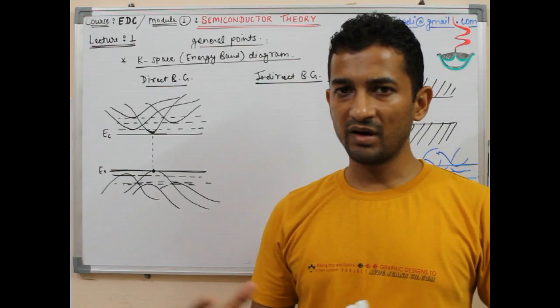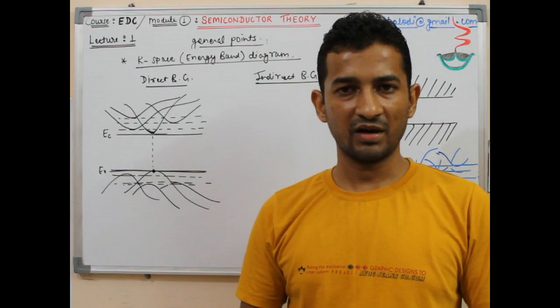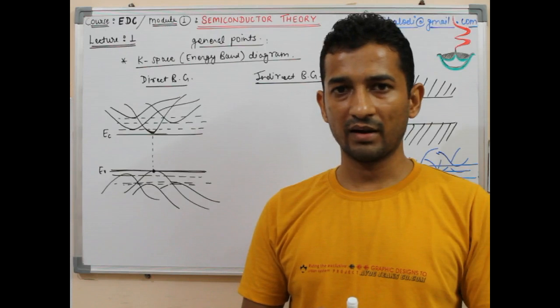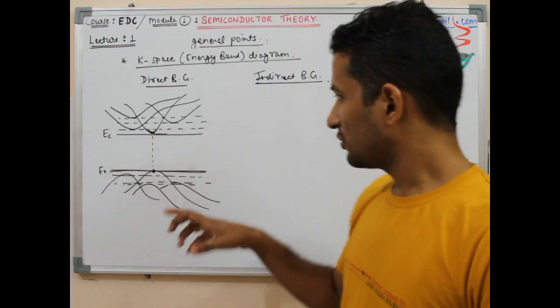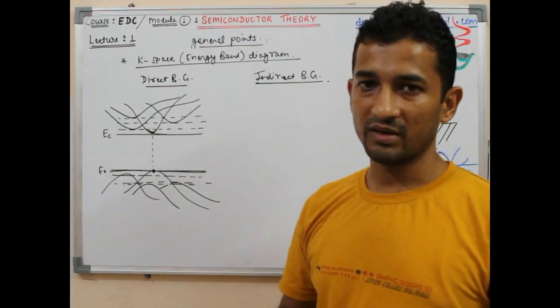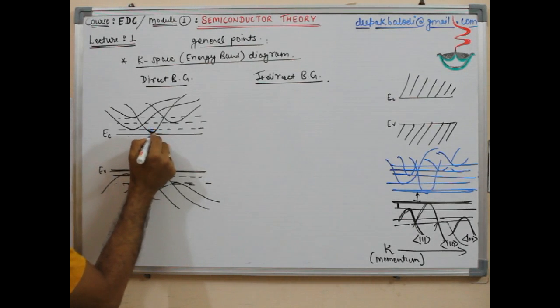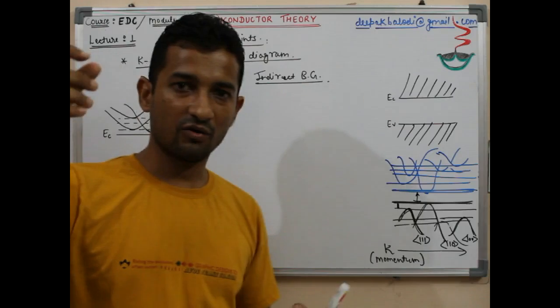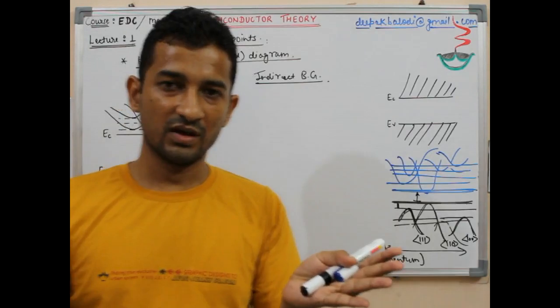If they find some favorable condition and come close to each other, they are willing to terminate their existences, and they are willing to recombine. As soon as they recombine, they lose their existence, and this process is called recombination. Whenever a recombination happens, an already free electron from somewhere here comes down like this and occupies this energy state, meaning an electron finds a hole and recombines, and the existence of both vanishes.